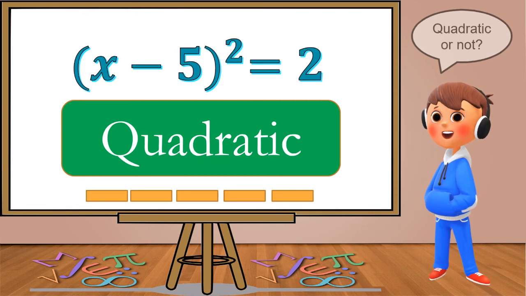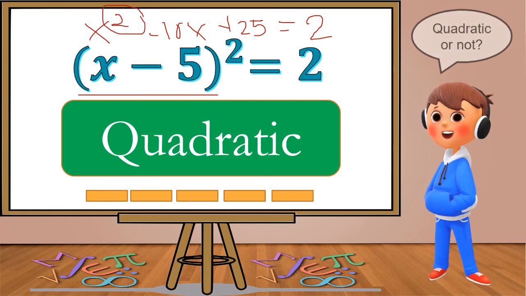Quadratic because if we are going to expand this one, that would be equal to x squared minus 10x plus 25, and that is equal to 2. Take note that we are only looking for the highest exponent, and that is 2. Therefore, the equation is quadratic.